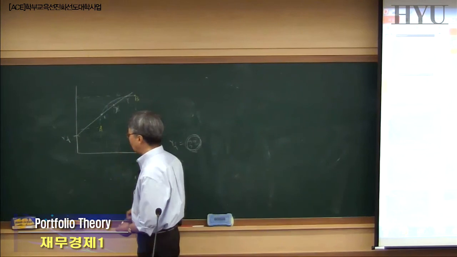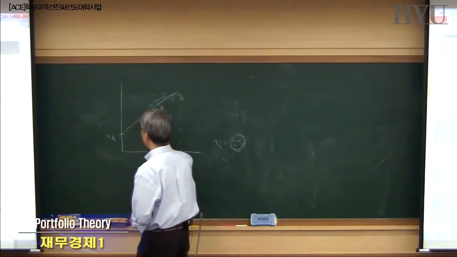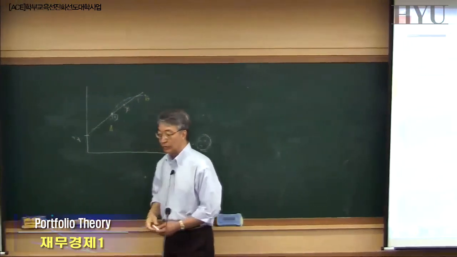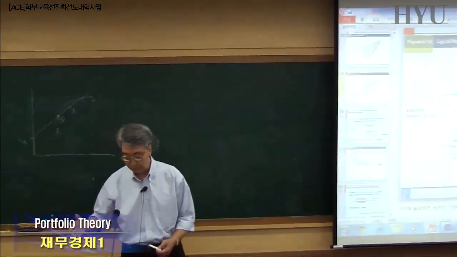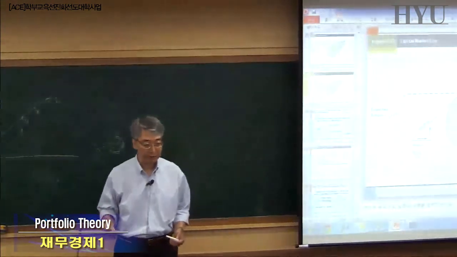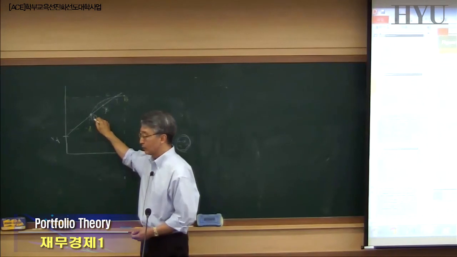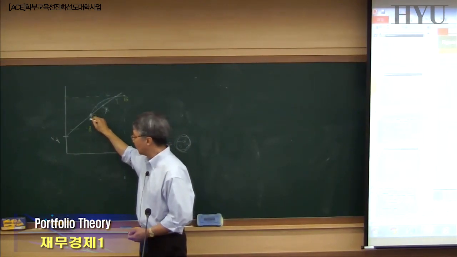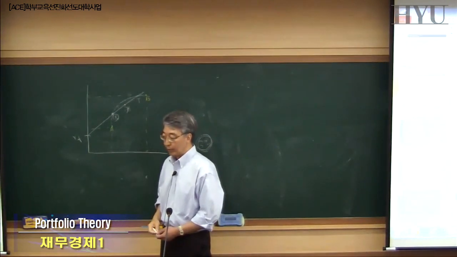So if you put all your money in this combination, let's say combination X involves, let's say, two stocks. What's that? Apple and AT&T. That's fine, right? If you put 100% of your money in X, then you have to be ready to take some risk, right?